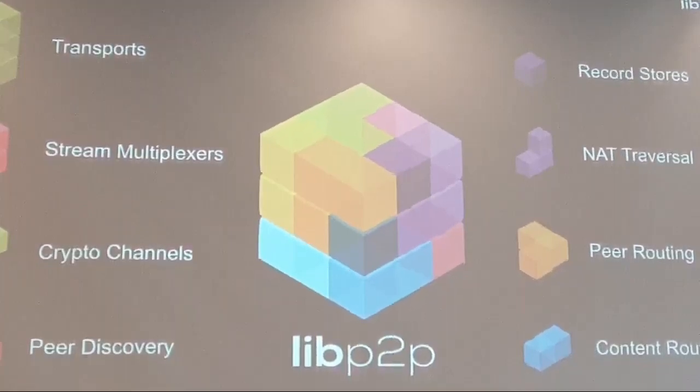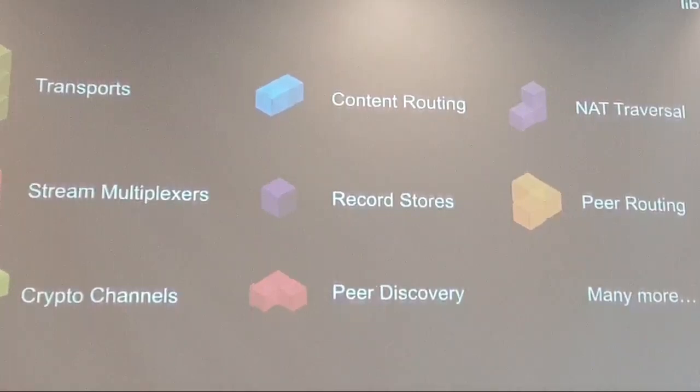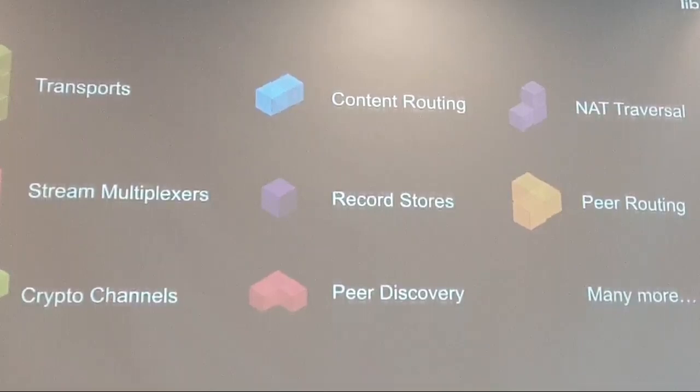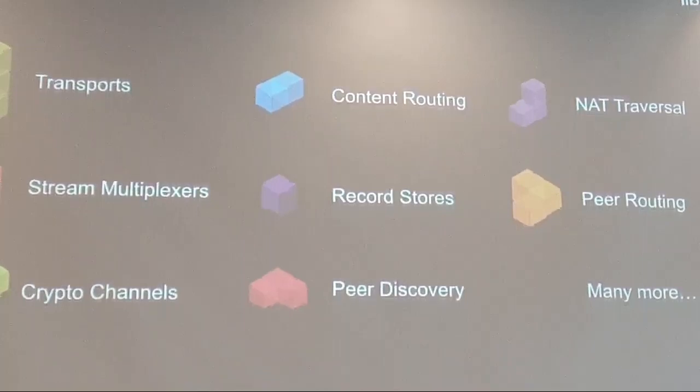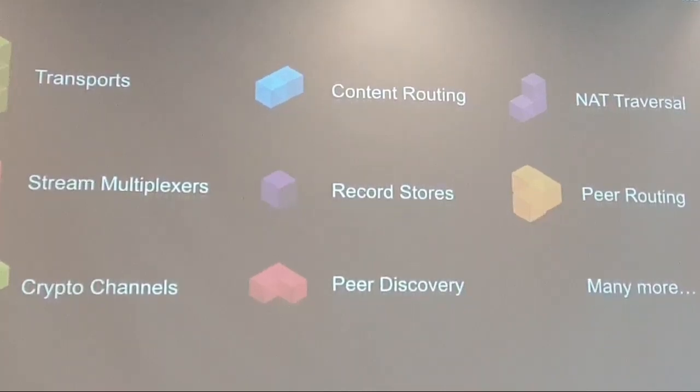Okay. So let me just try to give a brief sense of what these abstractions are. If you want to get seriously into Libp2p, you should probably read our documentation in addition to watching this talk. But I'll just try to give you a taste of how we think about the internet and connectivity. We have an abstraction called transports, which are fundamentally the lowest level of connectivity.